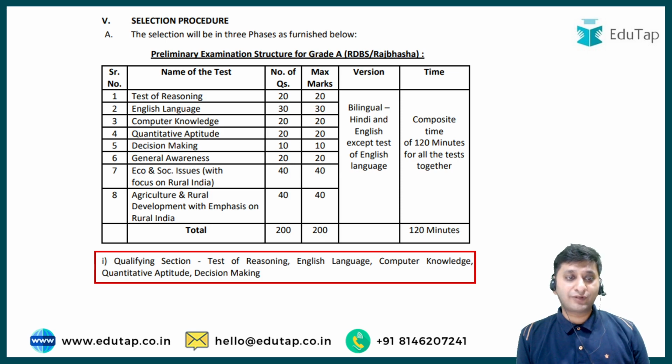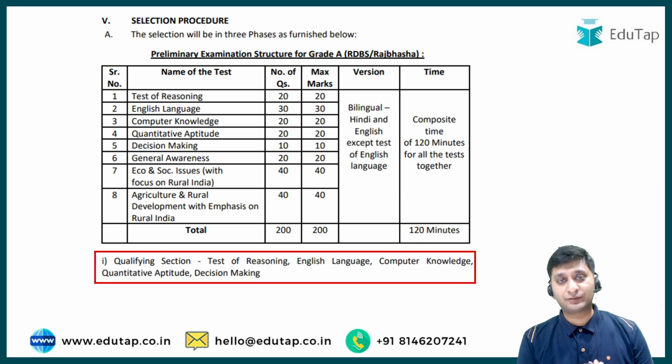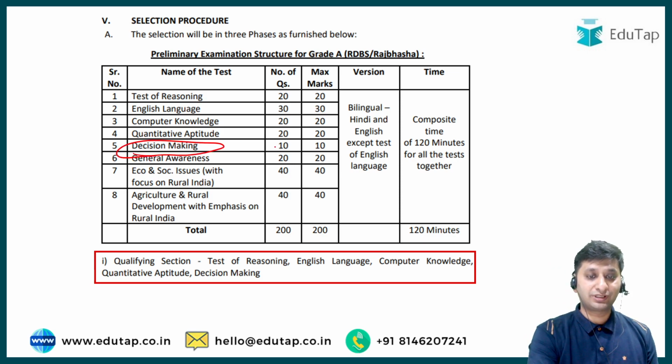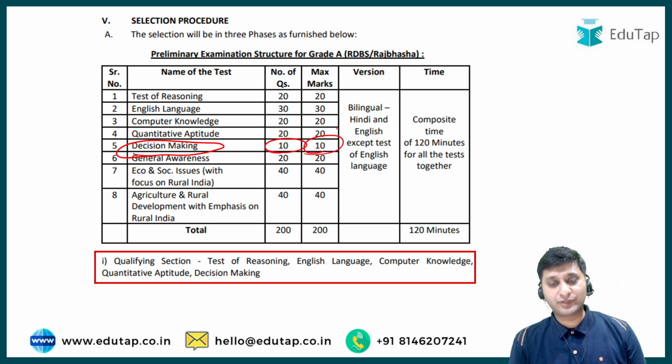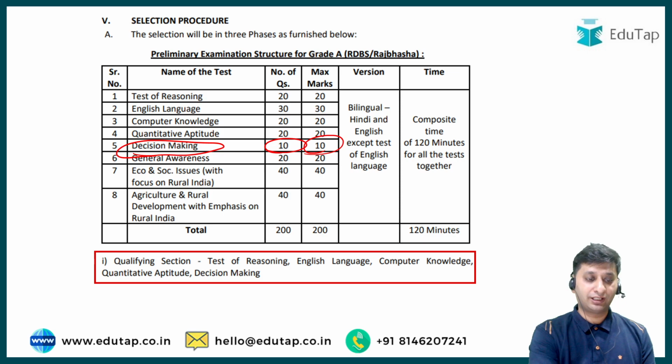So let's start with the why part. Why do we need to do decision making? Because if you see the structure of Phase 1 in NABARD, there are 5 non-merit sections. Out of that, one is decision making, which is worth 10 marks, and there would be 10 questions from decision making in your exam. So that is why we need to study decision making, though it is qualifying.